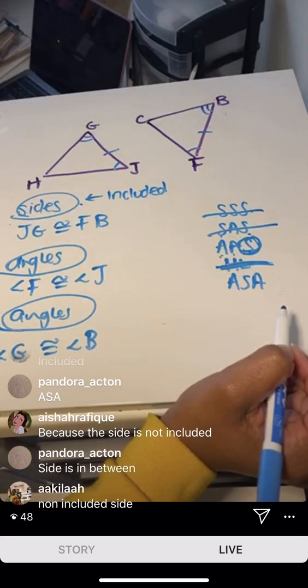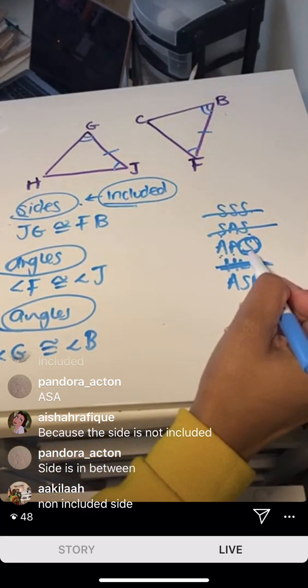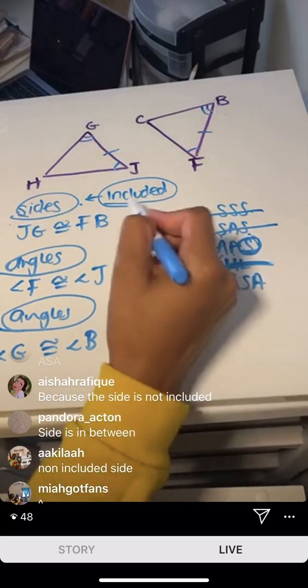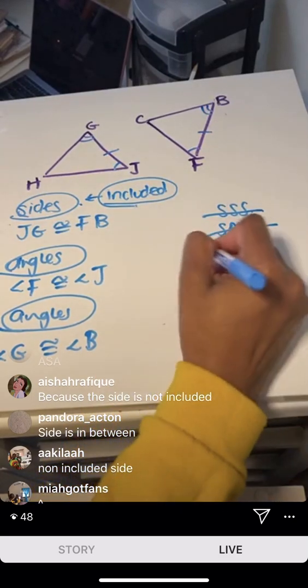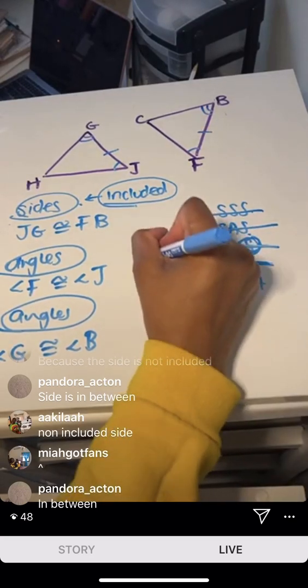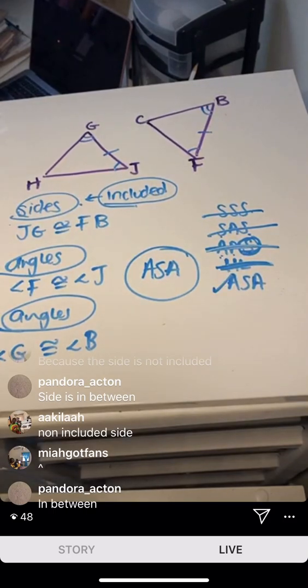Anybody know? What type of side is this? This is included. The side is not included in angle, angle, side, and here the side is in between. So that does not work. Angle, side, angle is the one that we are going to pick. Angle, side, angle is the answer. Boom.